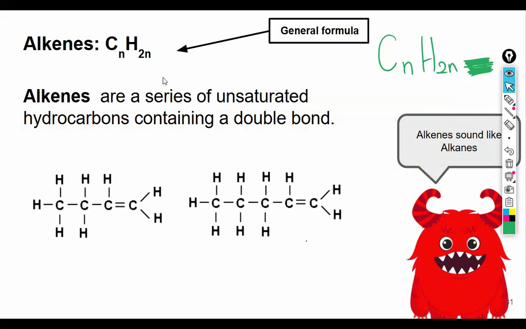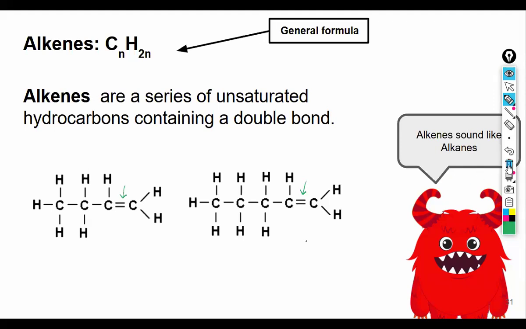And they also have a double bond. Look at all of these diagrams here. All of them have a double bond somewhere. Don't worry, it's only going to have one double bond for the CXC syllabus. Yes, in Form 6 chemistry, it has more than one double bond, but this is CXC. Only one double bond.